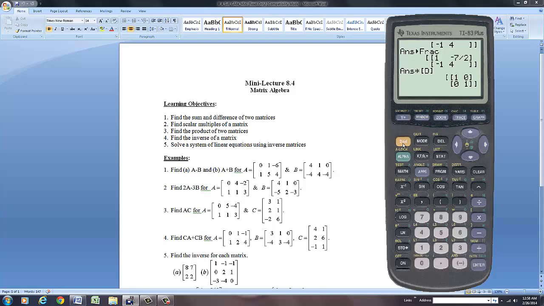So on the home screen, this is what I'm going to do. Go to second and hit the bracket here, and then second, and then bracket again, and then enter the components of the first row. So that would be 8, 7, and then we close with a bracket. So the right bracket would be this one, and then we start again with a bracket. Left bracket would be this one, and then the components of the second row.